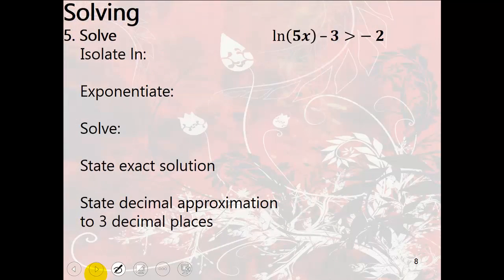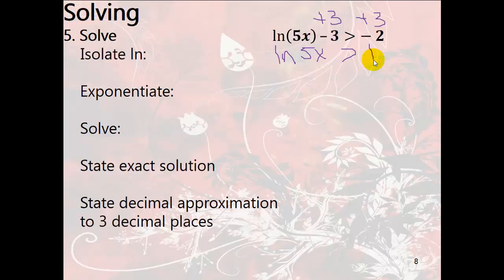This next one, notice that we have a -3 on the same side as my natural log base e. Notice that the -3 is not part of the input because it is not inside the parentheses there. So I'm going to move it first, and I get natural log base e of the input 5x has to be greater than, I'm going to add 3 to both sides, and I get it's greater than 1.